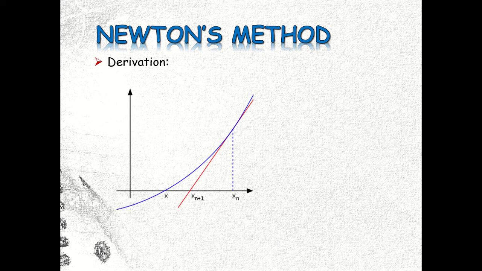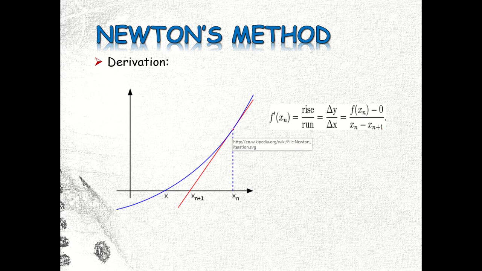Going back to this graph, we have a definition that f prime of x sub n, where x is in terms of subscript n, is our initial guess. So f prime of x is just the slope of the tangent line. This is rise over run, or delta y divided by delta x, equal to f of x sub n minus 0 divided by x sub n minus x sub n plus 1, same derivation, class. This is the point of tangency.